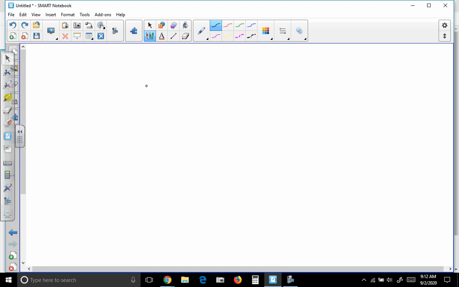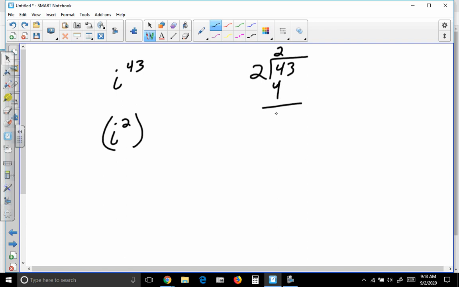Now let's do one more of those. If we want to rewrite or simplify i to the 43rd, we want to write that as i squared to some power, and then another i if we need it. So if we have 43 i's, how many pairs can we make? 2 goes into 4 twice. 2 goes into 3 once.